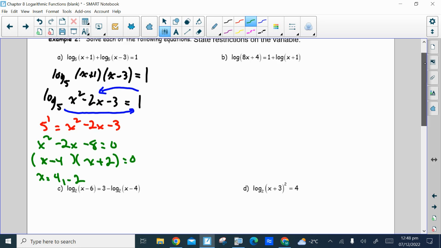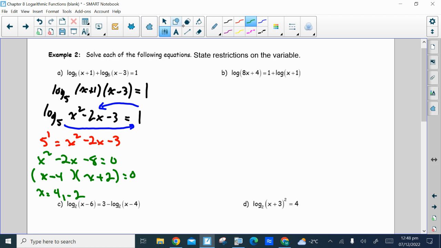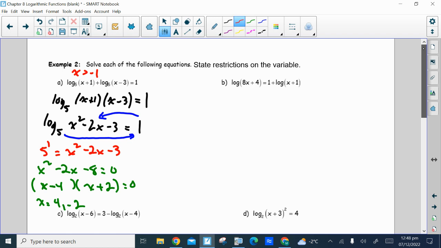Another way we can eliminate it is by finding the domain. So for the first term, the log base 5 of x plus 1, the restriction for that part would have to be that x is greater than negative 1. If x equals negative 1, you'll get 0. If x is less than negative 1, you'll be taking the log of a negative number.